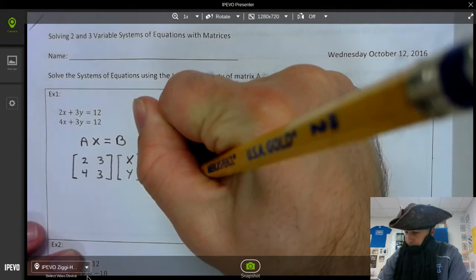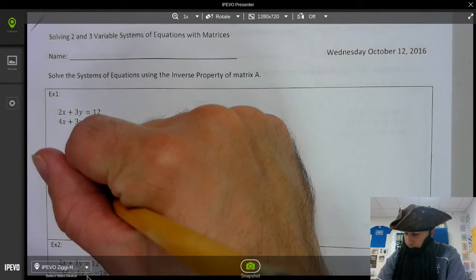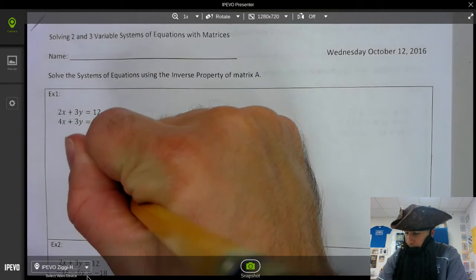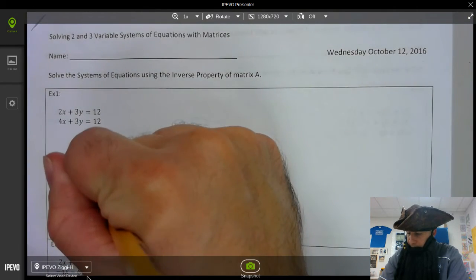All right, now we know that AX equals B, but to solve for X, we're going to multiply both sides by A inverse.